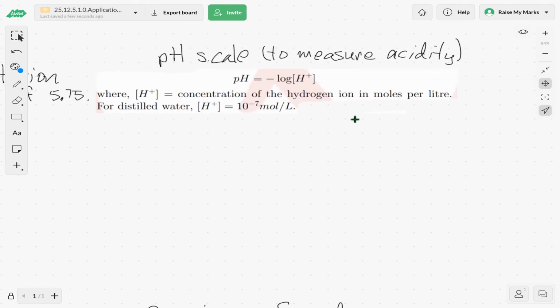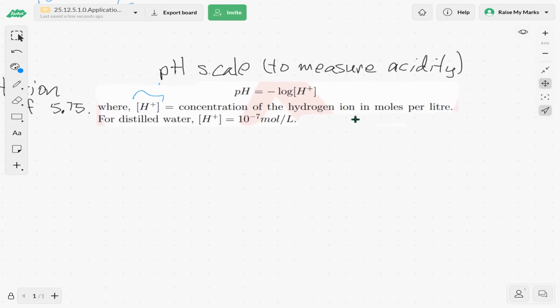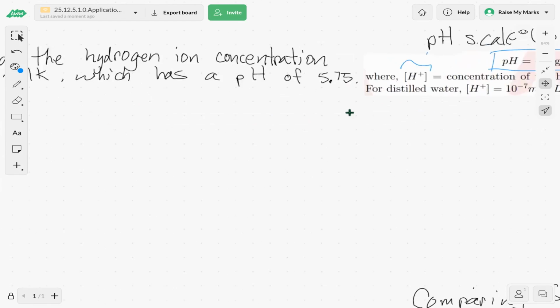So this symbol here represents the concentration of the hydrogen ions in moles per liter. And then they just tell us as reference for distilled water, the hydrogen ion concentration is 10 to the power negative 7 moles per liter. Just some information. What we're really interested in is this formula right here. So let's try and apply that to our problem.